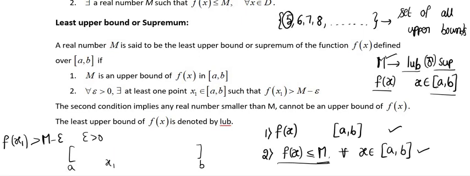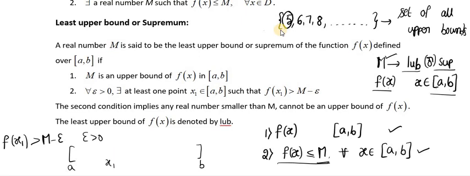Whenever we fix one real number as least upper bound, then the number less than this least upper bound is not an upper bound. For example, if 5 is least upper bound, then 4 cannot be least upper bound. That means 4 cannot satisfy this condition.